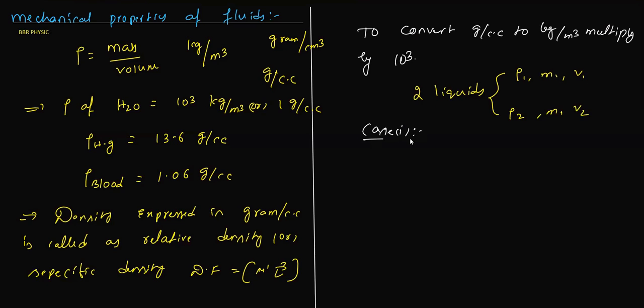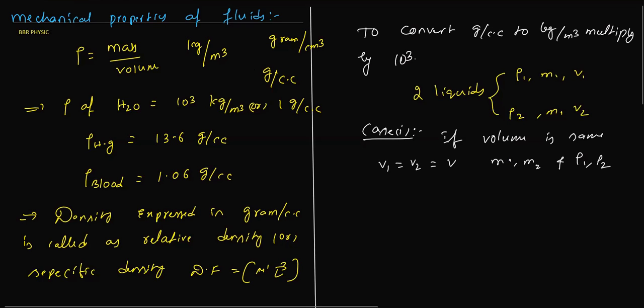In this case 1, if the volume is the same, then V1 is equal to V2, let me take it as V. Mass is not changing, M1, M2, and density ρ1 and ρ2. Now I want to give the relation for the net density, the final density.